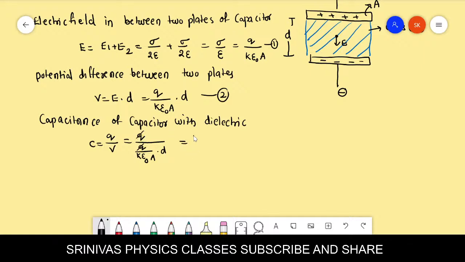Then what you will get? K epsilon naught A by D. That is the final formula for C.